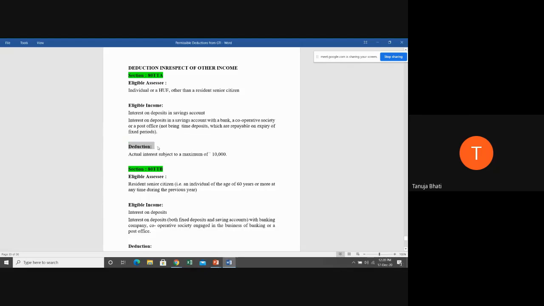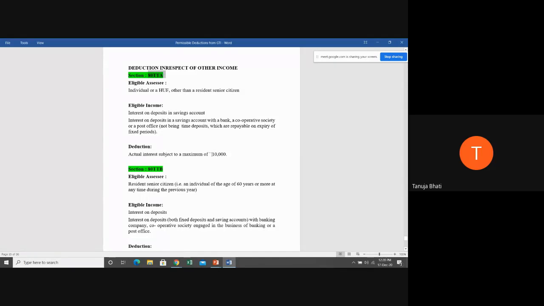The amount of deduction will be the actual interest subject to a maximum of 10,000. So suppose I am receiving 8,000 interest from a bank from my savings account. This 8,000 interest will come under income from other sources, plus I am going to get a deduction under section 80TTA.